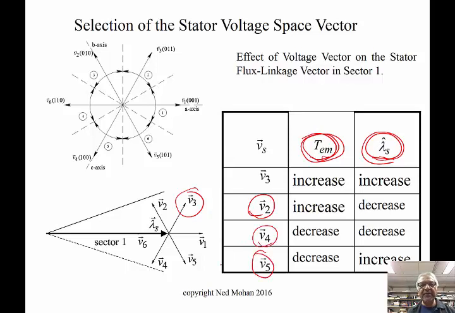But like I mentioned to you earlier, we have other possibilities of applying zero voltage vectors, especially if you are within this electromagnetic torque band and you're within this flux linkage amplitude. Did I say torque band? I meant to say hysteresis band. Similarly, if you are within this hysteresis band of lambda sub s amplitude and electromagnetic torque, then maybe you want to apply zero voltage.